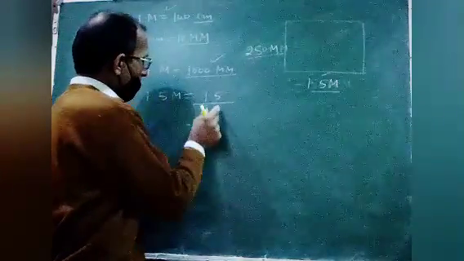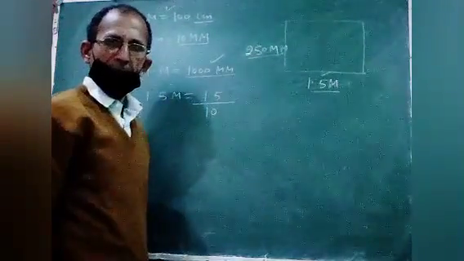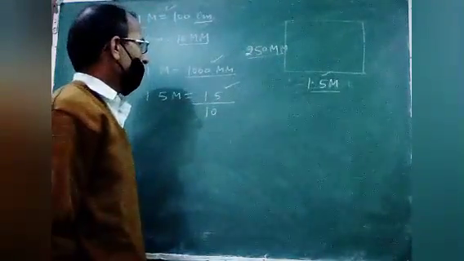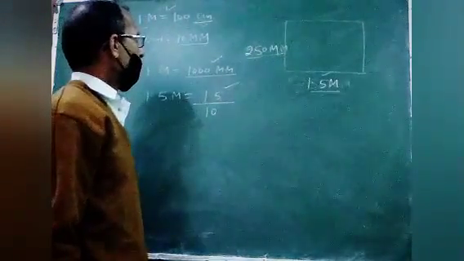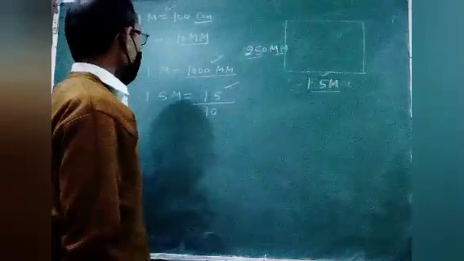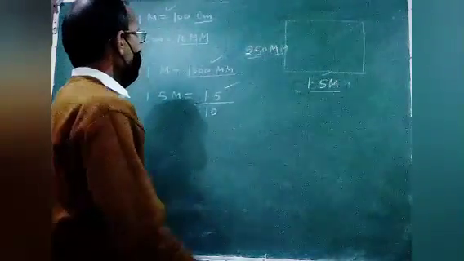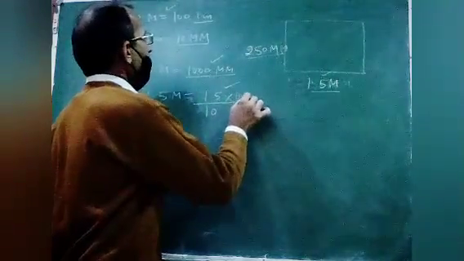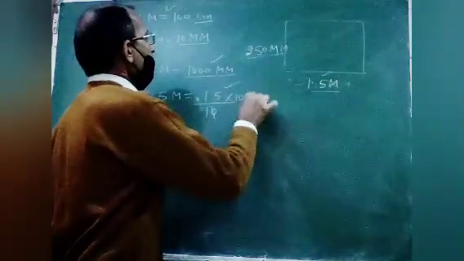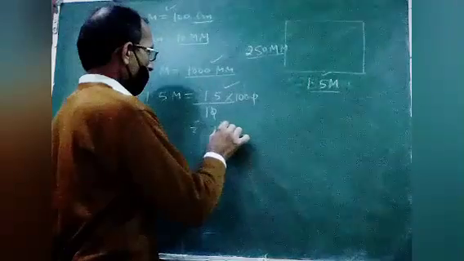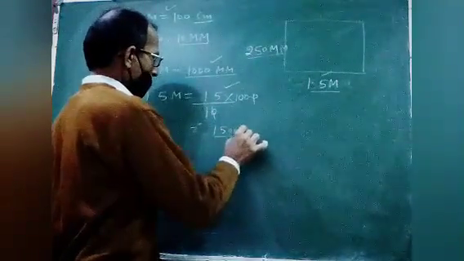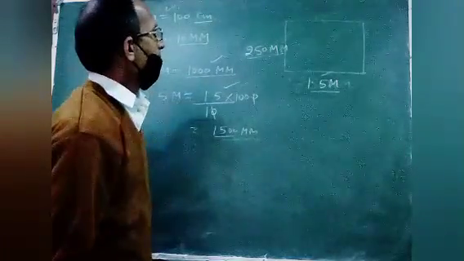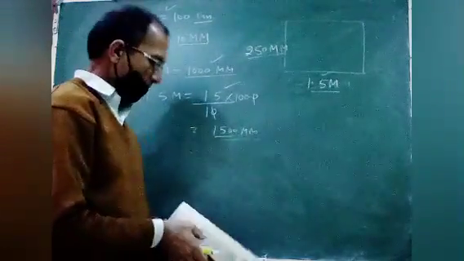So 1.5 meter means 15 by 10 meter. Now I am converting into millimeter, so multiply by 1000. It means 1500 millimeter. And this is 250. So this will not be right.